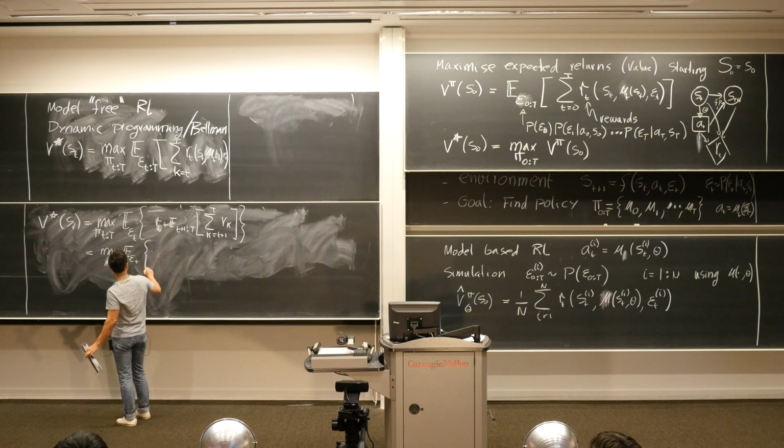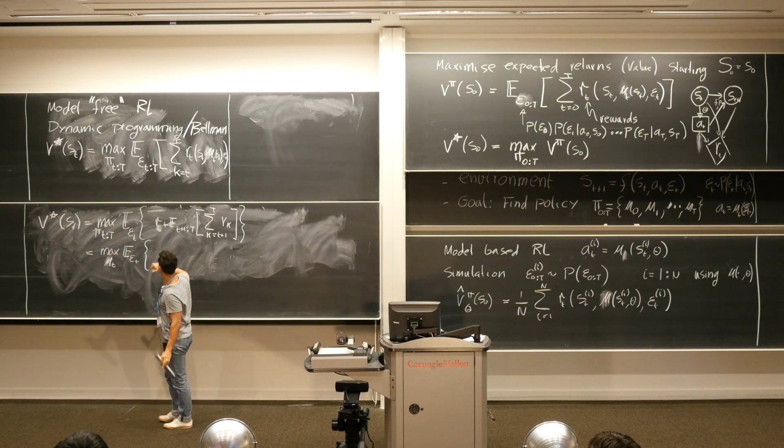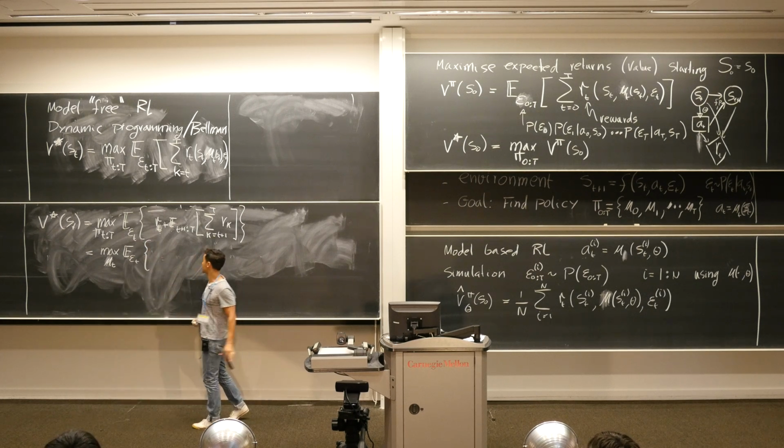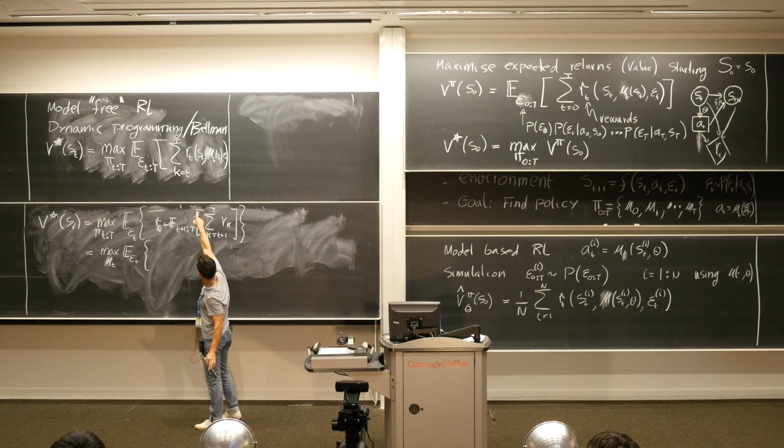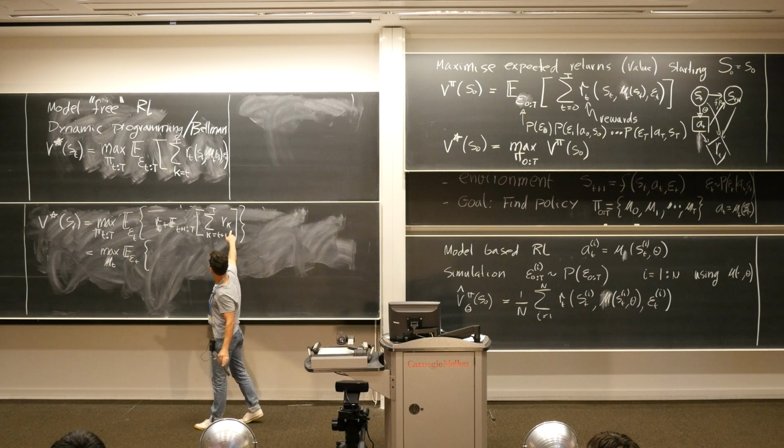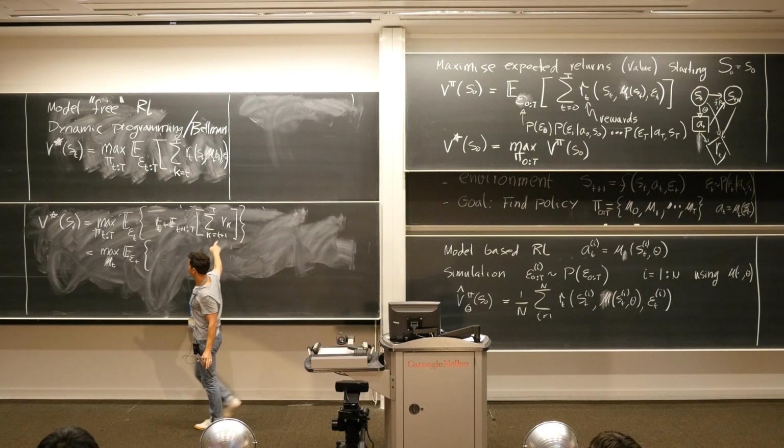And the reason why I will be able to distribute the max is because this doesn't depend on pi t plus 1, anything that happens after time t in terms of the policy, so it's just a constant function. And this term here, the reward at time k, as you can see in that expression, will only depend on the first epsilon, which is epsilon t plus 1, so it doesn't depend on epsilon t.